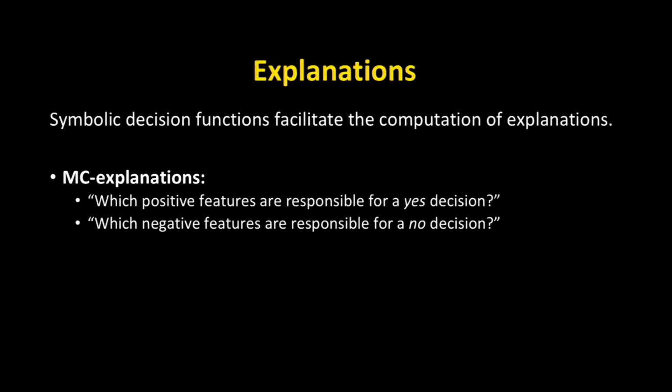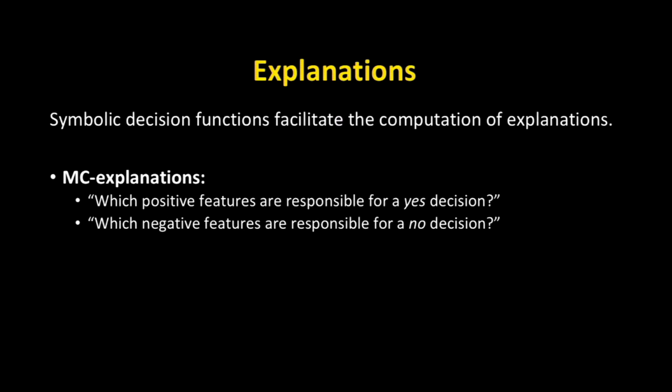I'm asking you which among the 9 are really responsible. And what I want you to do is find me the smallest subset of these 9. Maybe 3 of them, if they were positive, even if all of the others were negative, you would still classify as positive. Does that make sense? So in a way, even though you have 9 positive features, only 3 of them are really what matters. The others can all be negative and you still make the same decision.